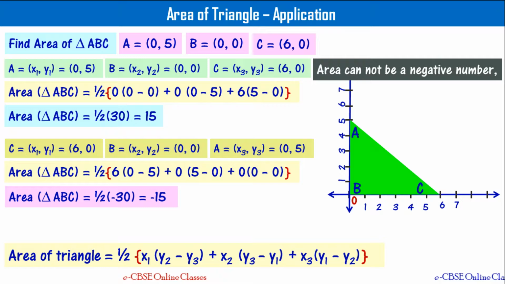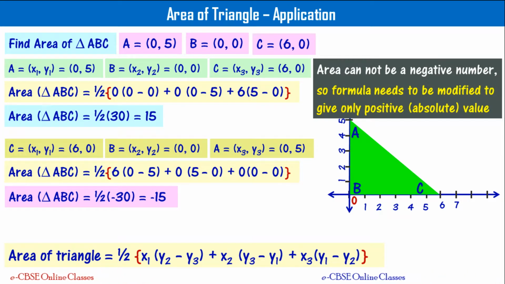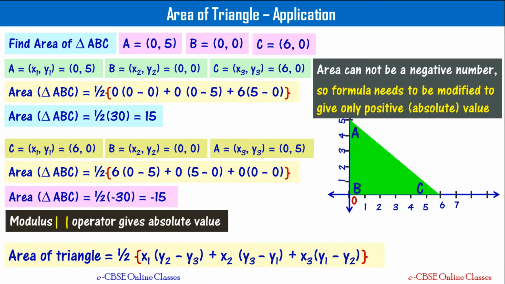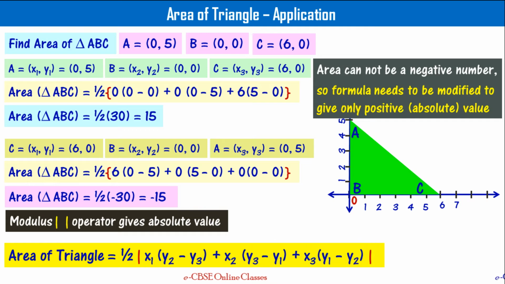We know that area cannot be a negative number, right? It means that we have to modify the formula such that you always end up with positive numbers or absolute values only. We know that modulus operator does that. So with the help of modulus operator, let me rewrite the area of triangle equation as given here.